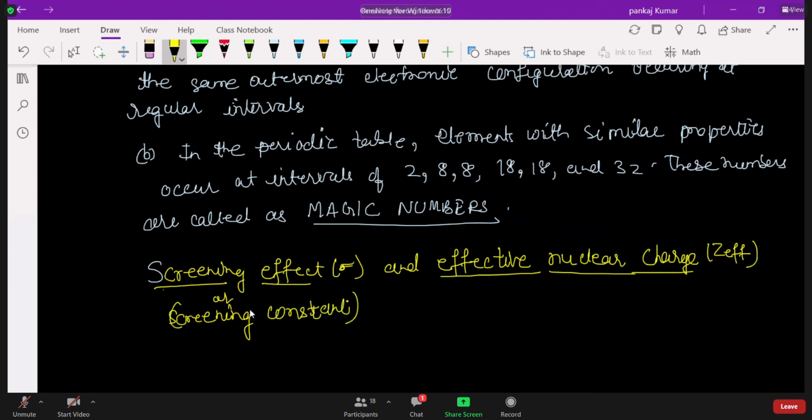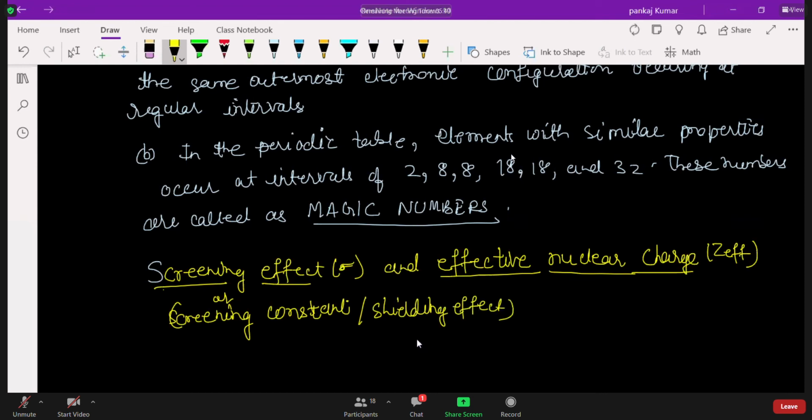Both have the same meaning, screening constant or screening effect, and the other term is called effective nuclear charge, right? Another name is also screening constant, or you can use the term shielding effect. Two, three names are there.